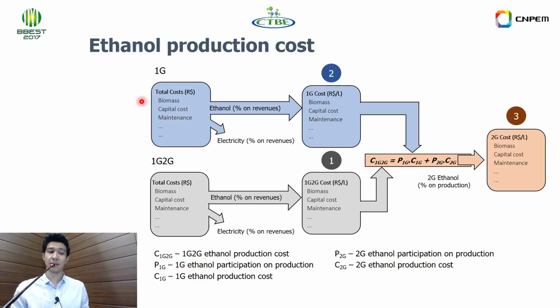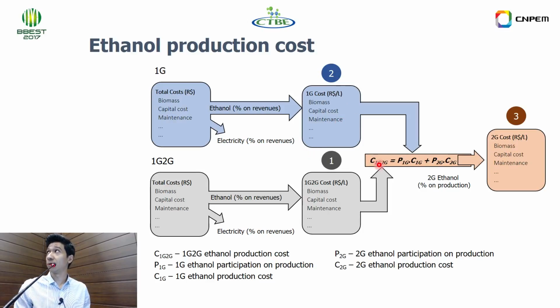So how do we split the costs? Basically, we have an approach that is based on revenues. If first generation ethanol contributes 80% of the total revenues of the mill, then the first generation ethanol will absorb 80% of the costs. So it absorbs 80% of the biomass cost, 80% of capital costs, and so on. Then we can obtain the cost per liter just by dividing these yearly values by the total amount of liters produced.